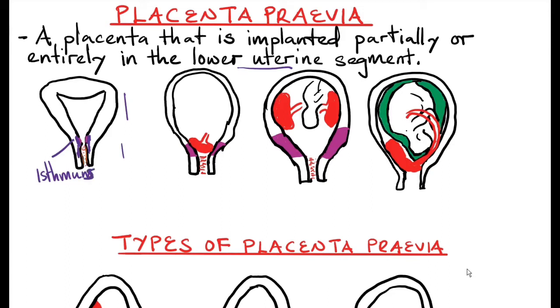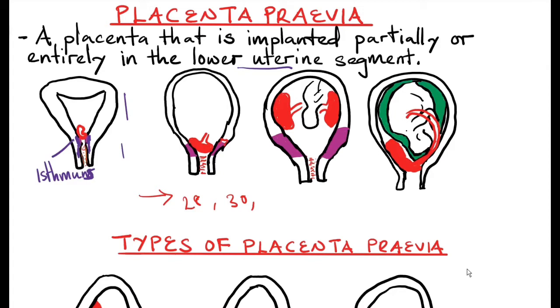Okay. So if a placenta is situated in the lower uterine segment at, let's say, 12 weeks gestation age, it's not yet a placenta previa, because as the weeks go by, at 28 weeks gestation age, 30 weeks gestation age, this lower uterine segment is still developing, it's still stretching.